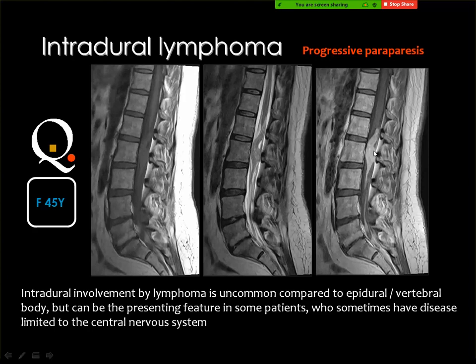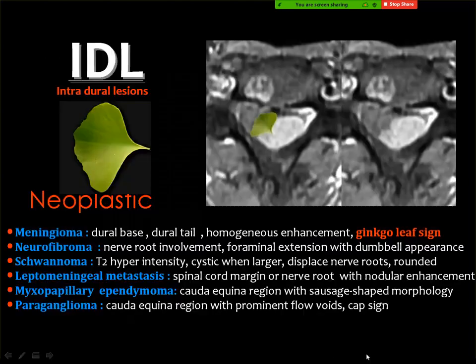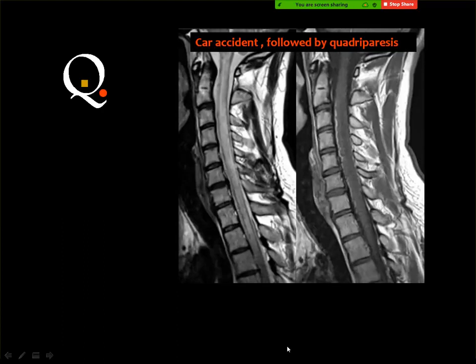But this happens to be an intradural lymphoma. You may consider this in the differential diagnosis if you are confronted by a case of an intradural lesion. But the common lesions are meningioma, neurofibroma, schwannoma, metastasis, ependymoma, and paraganglioma.